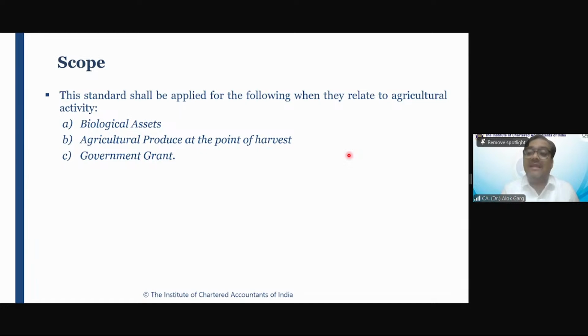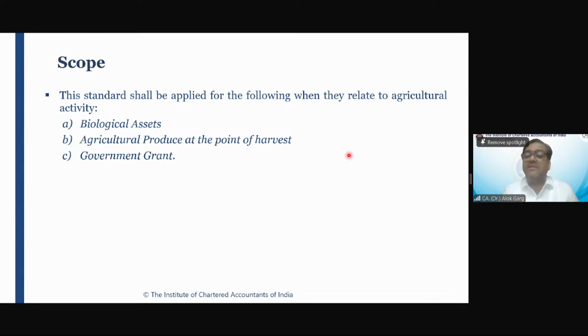Milk is the agriculture produce from cow, right? So when the milkman is milking the cow and getting milk, that milk is the agriculture produce. And I'll show you a real life example with the help of an annual report, right? So cow is a biological asset and milk is an agriculture produce. What about sheep? Whether sheep is a biological asset?